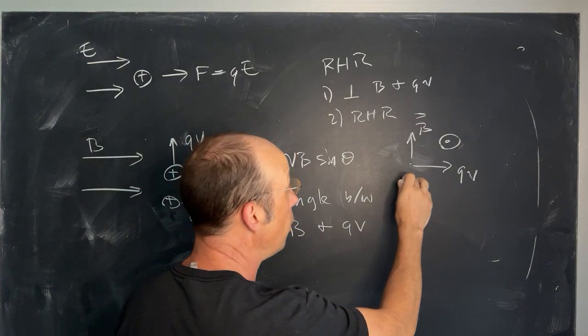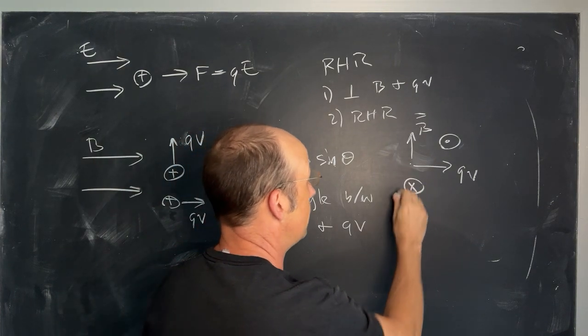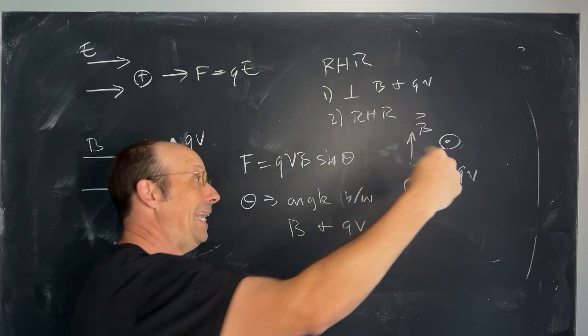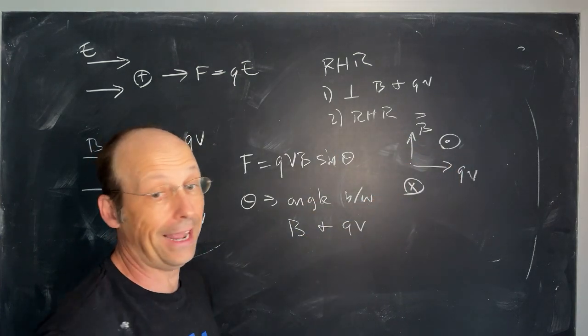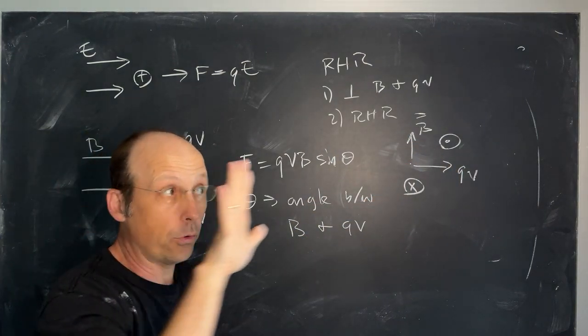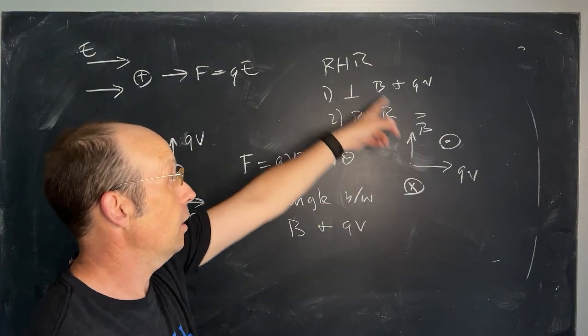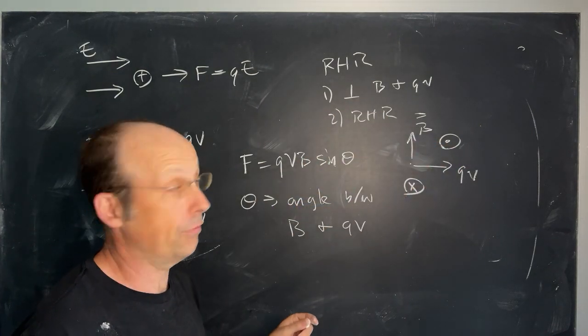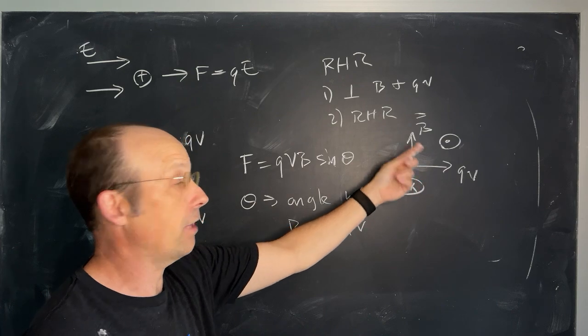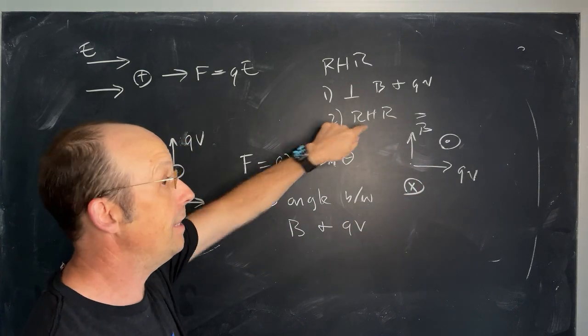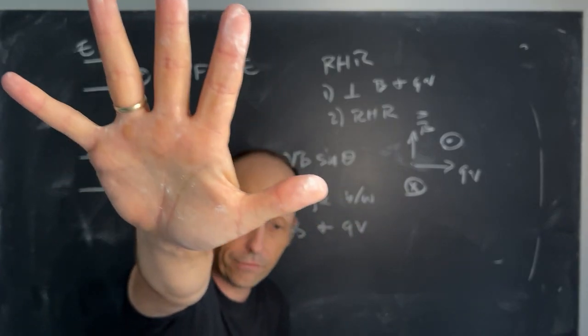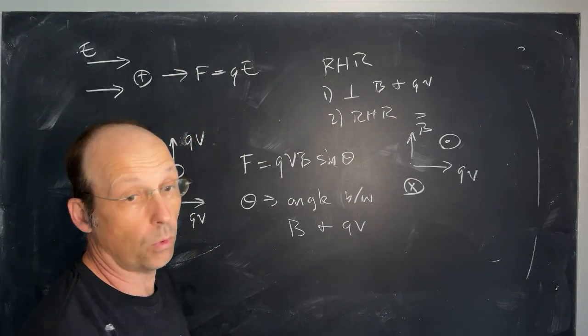The other vector that could be perpendicular to both of these is this, a vector going into the board. And when we draw an X with a circle, that's an arrow and you're looking at the back of the arrow because it's going away from you. So that's the two options that we have. It's either out of the board or into the board. And then we use the right-hand rule to determine which one it is.